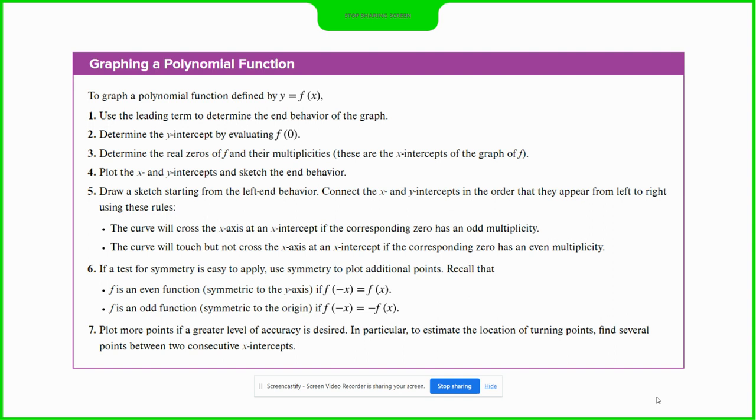So again, we'll sketch the graph. You could use this to plot other points, but we don't really need to go through the whole symmetry thing. And the more points you do plot, the greater accuracy you have.